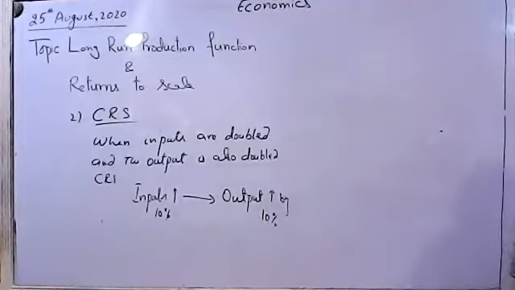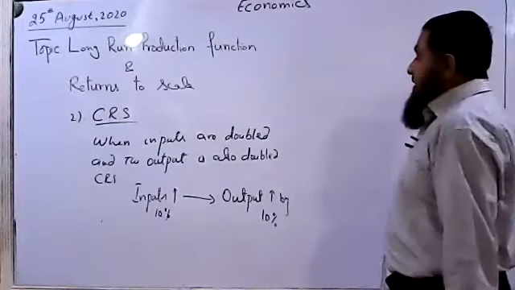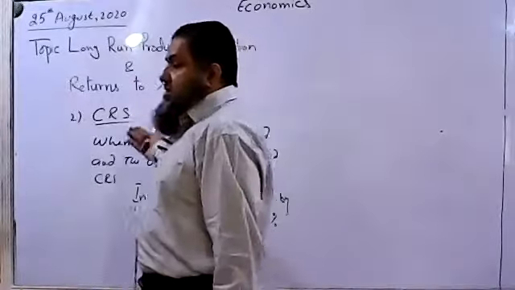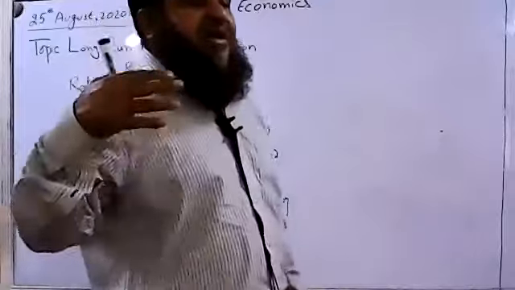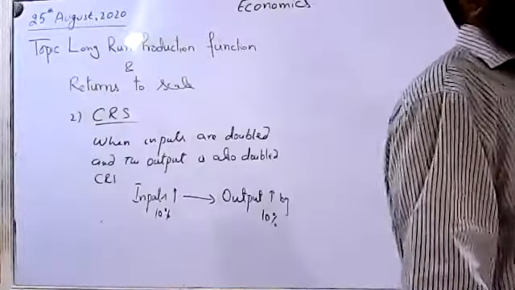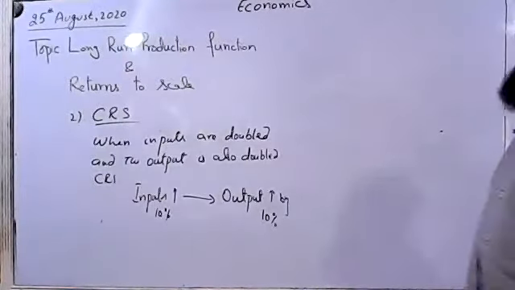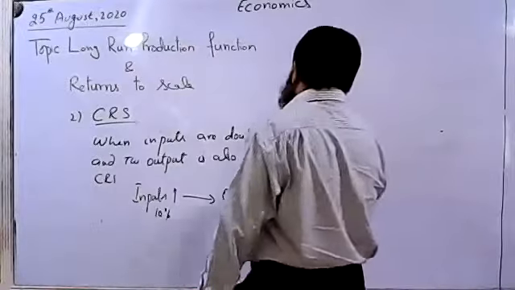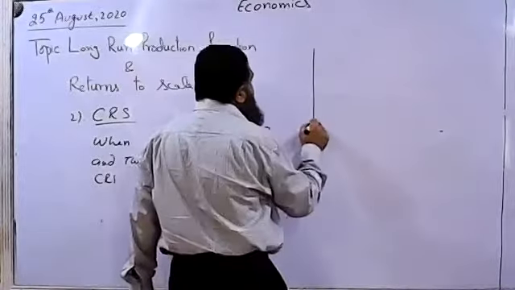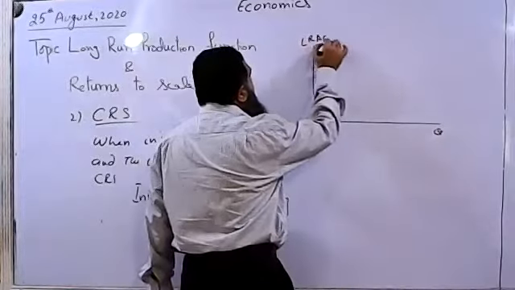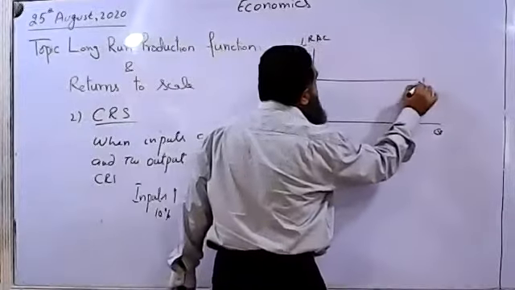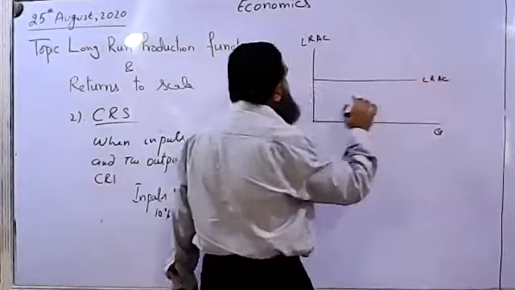The scale of production is increased by 10% or by 100%, but output has also changed by the same proportion. There will be no change in the per unit cost of production of the firm. So in that case, what happens? Our long run average cost of production will have a constant value.